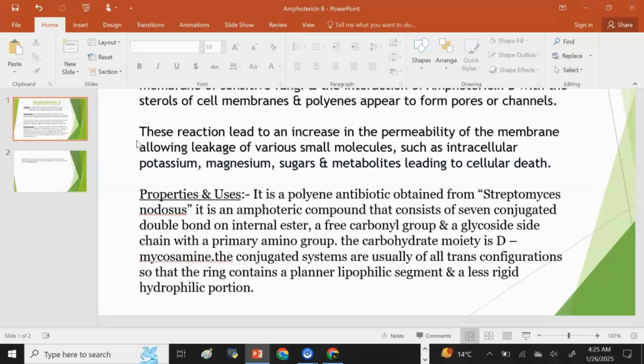This polyene named amphotericin B is actually derived from a microorganism which is known as Streptomyces nodosus. It is an amphoteric compound and consists of several conjugated double bonds, an internal ester, a free carboxyl group, and a glycoside side chain.